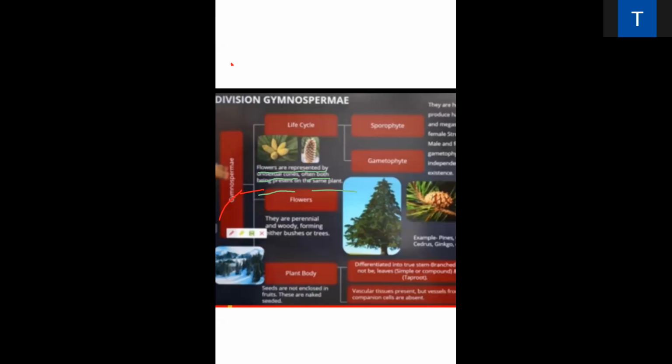Proper flowers are not present. Male as well as female cones are present on the same plant. Instead of flowers, they have cones. Cones are present like that. These are the cones.